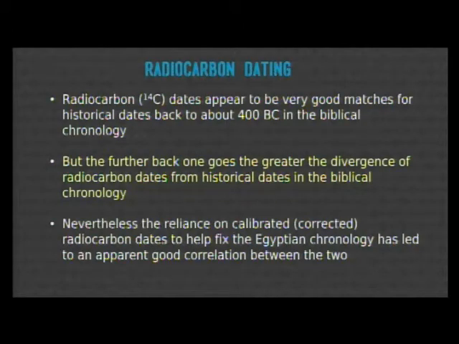Nevertheless, calibrated radiocarbon dates, and I'll introduce that term now and we'll say more about it, appear to fix the Egyptian chronology in such a way that there looks like a good correlation between the two. But remember, we're talking about corrected or calibrated radiocarbon dates. So the next question is, how do they do that calibration?